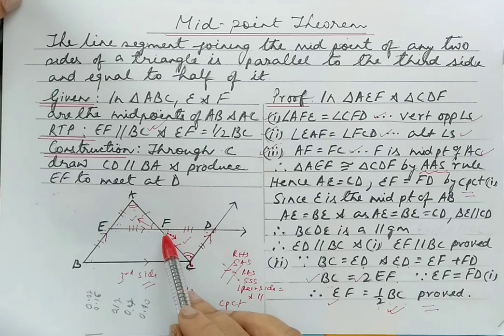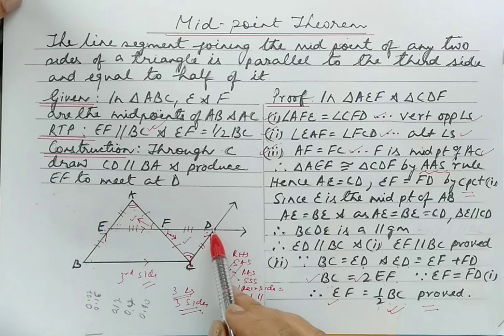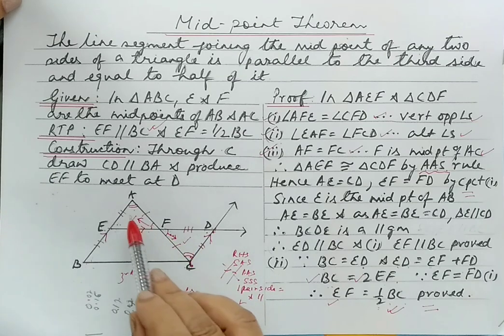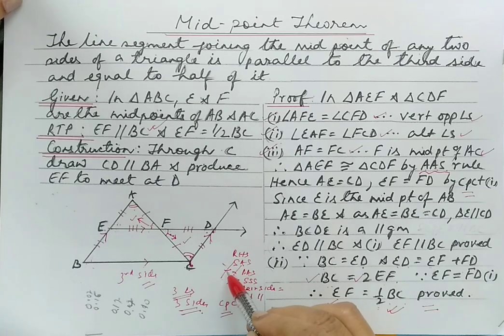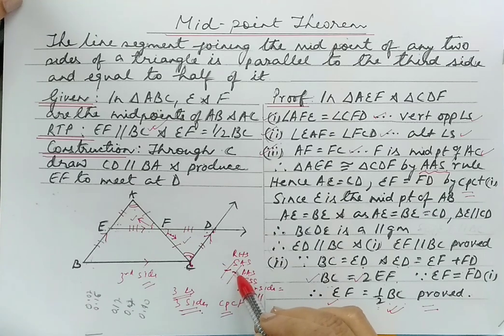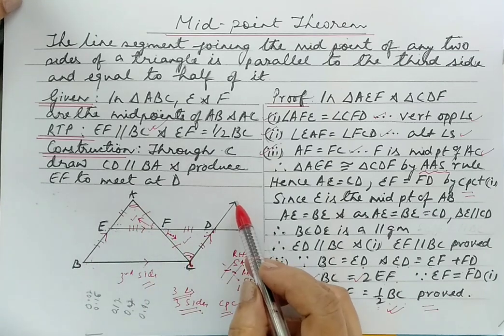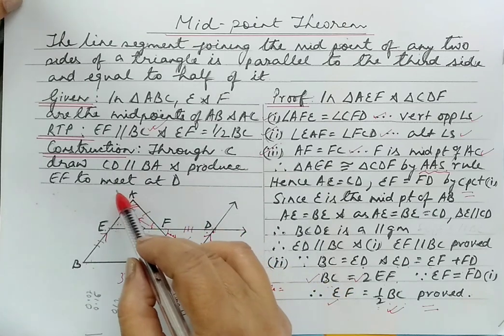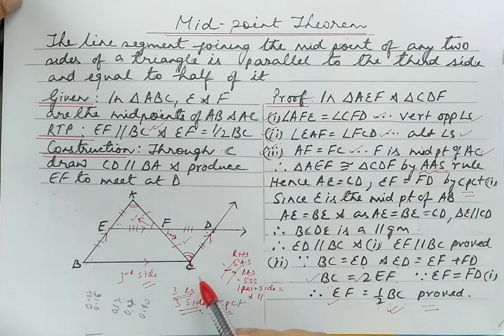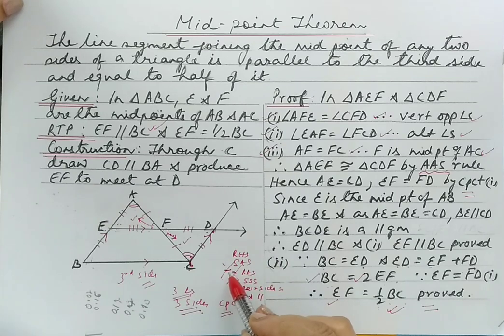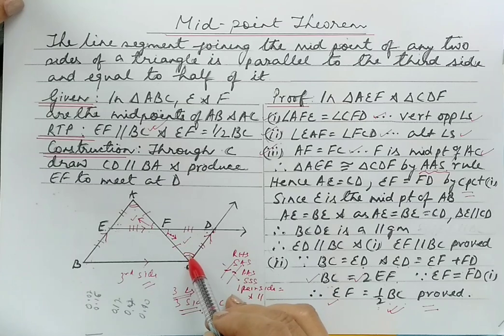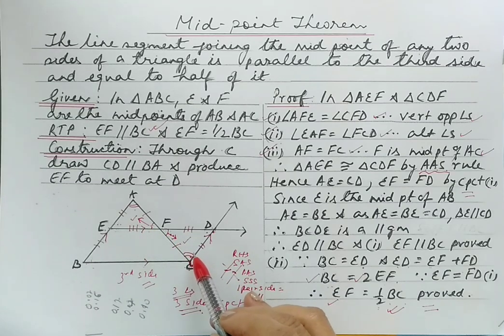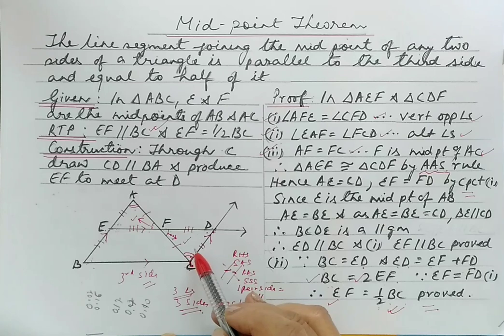In this case it will be considered as FCD, correct? This is alternate to this because we have two parallel lines, and this will be equal to this. This is considered alternate because these parallel lines are being intersected by a transversal, and transversals always bring about alternate angles on the opposite sides, right? So this is how we have it.